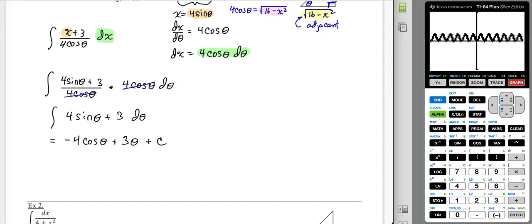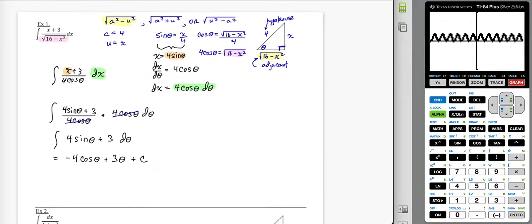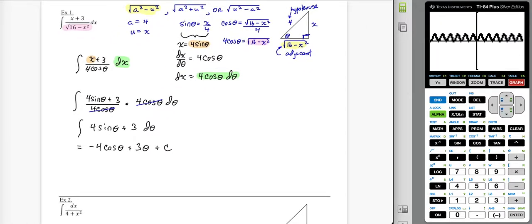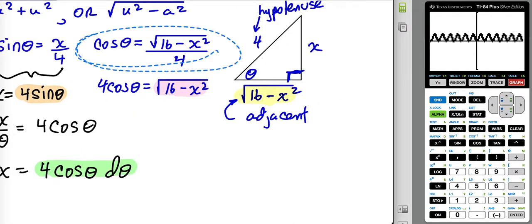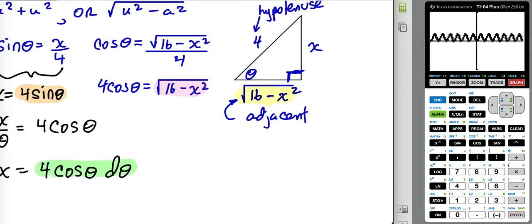Can't leave my answer in terms of thetas. They gave me a question in terms of x, so I got to give them an answer in terms of x. And I'll do that pretty easily, actually, just by looking back at what we have. Well, I got a triangle here, and I'm just going to do a copy-paste job on the triangle. We also have it stated pretty explicitly what cosine of theta is equivalent to.